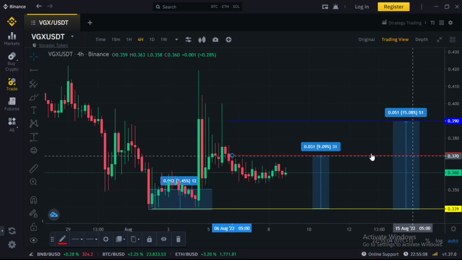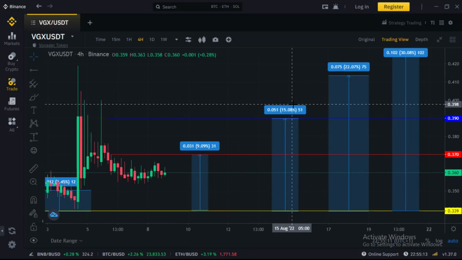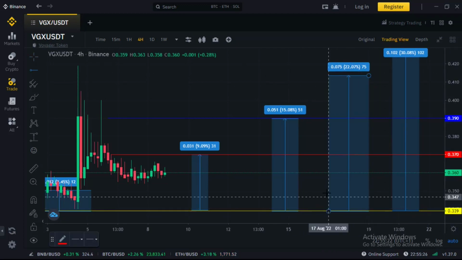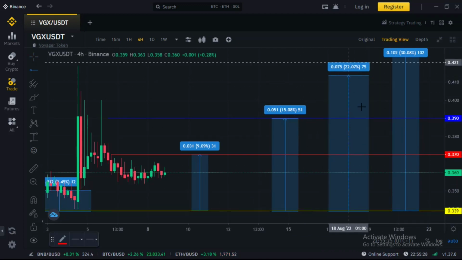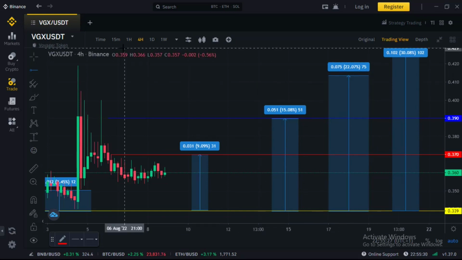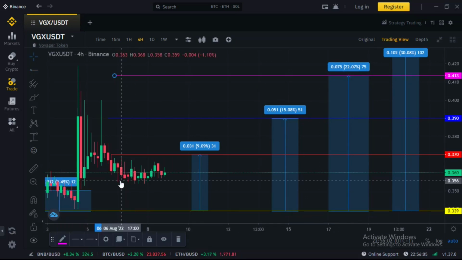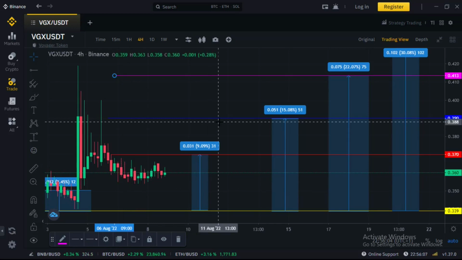0.370 cent. And next up, for you to get your safety price, you have to measure 22%, starting from the lowest price of the green candlestick bullish trend starter. And then use the pink horizontal line to indicate your safety price.